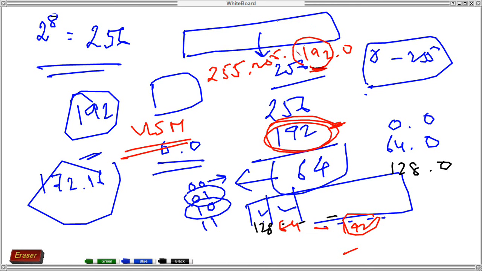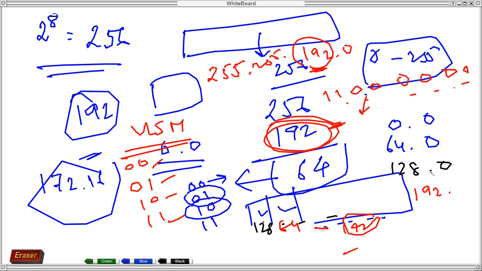This 192 I was getting by setting 2 bits to 1 and the remaining 6 bits to 0. So this value is 192. Here in this case also, you can see that for these 4 subnets, the values will be multiples of 64. That is what I was calculating as block size.